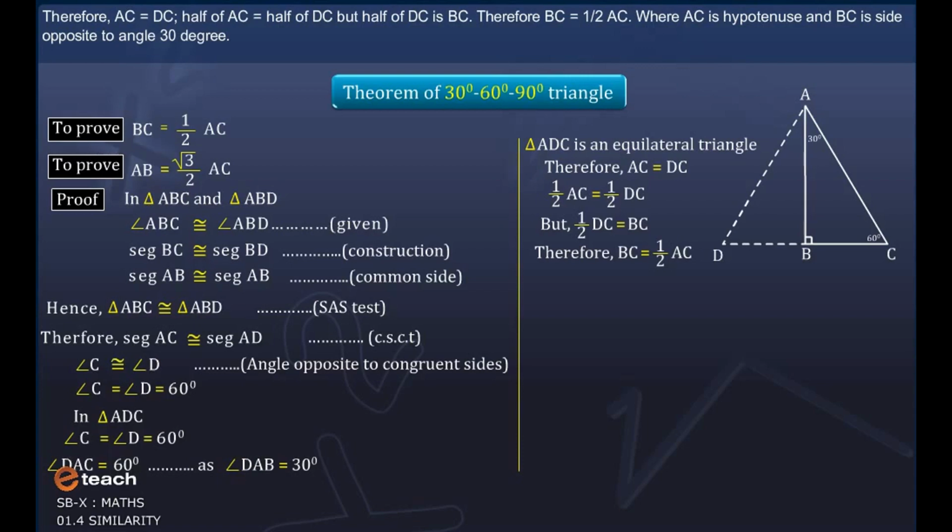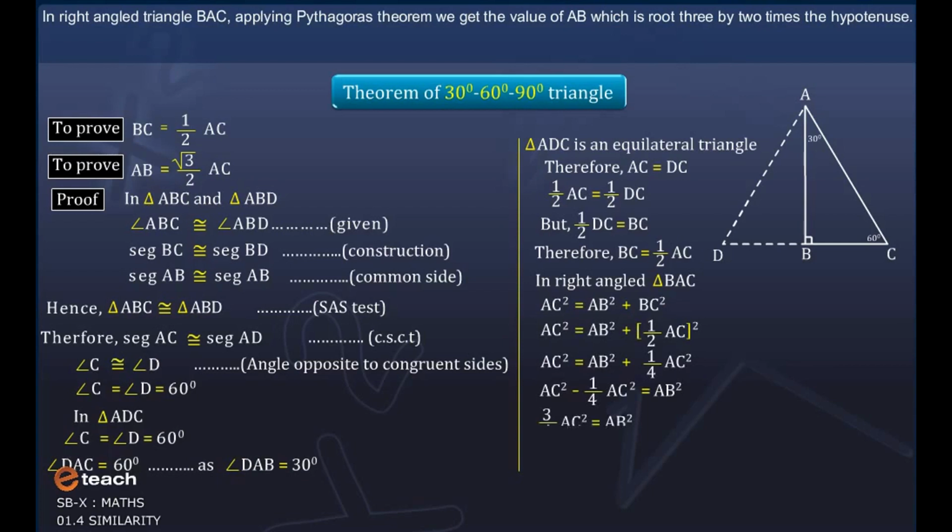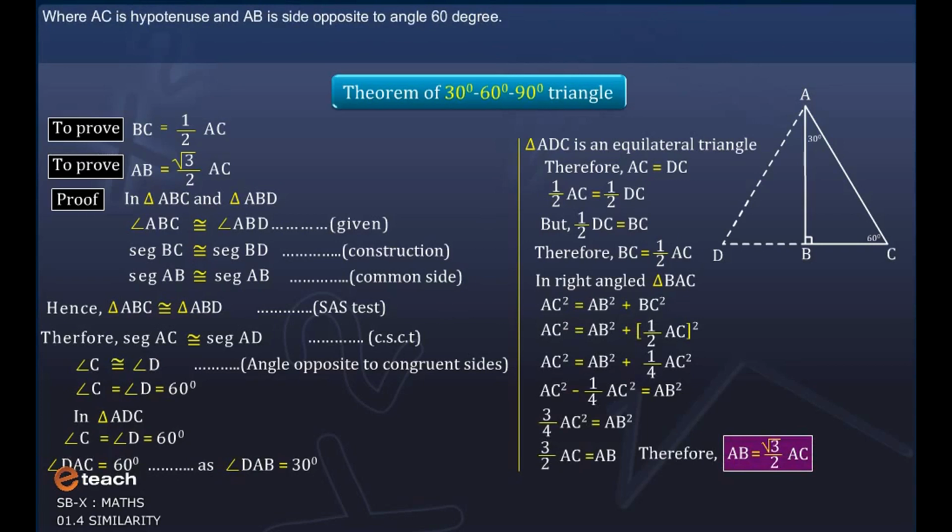In right angle triangle BAC, applying Pythagoras theorem, we get the value of AB, which is root 3 by 2 times the hypotenuse, where AC is hypotenuse and AB is side opposite to angle 60 degree.